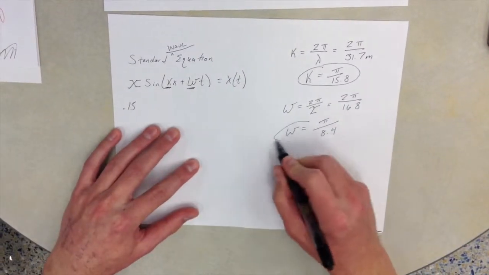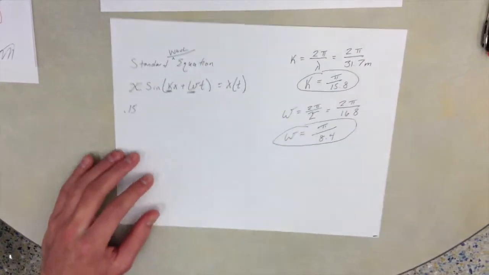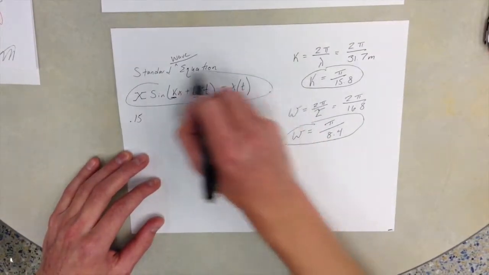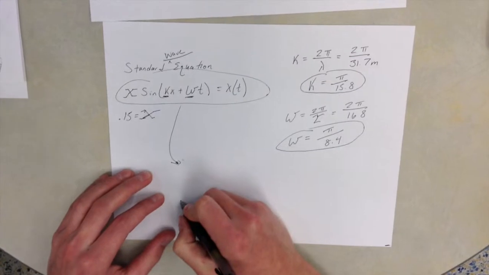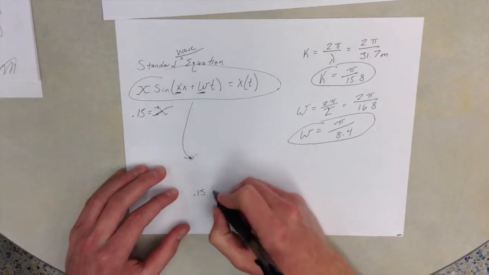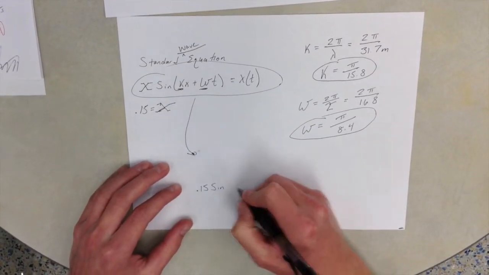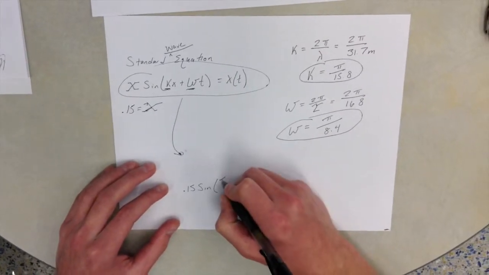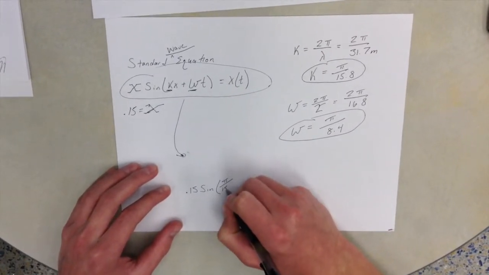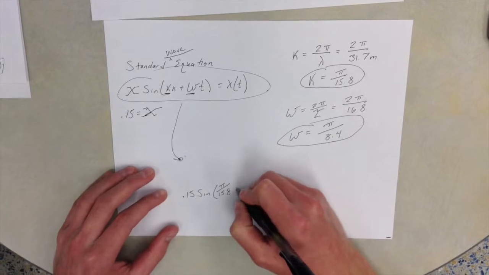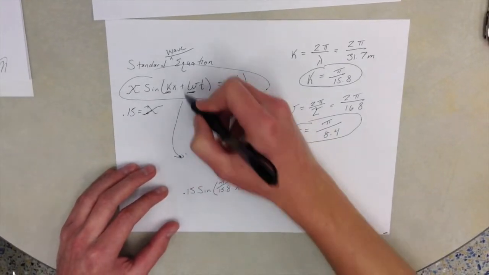So now we have these two variables, so we can plug them into this standard equation, and we'll do that right down here. Now we have 0.15 meters times sine of k, which is pi over 15.8 times x. And see this plus right here?